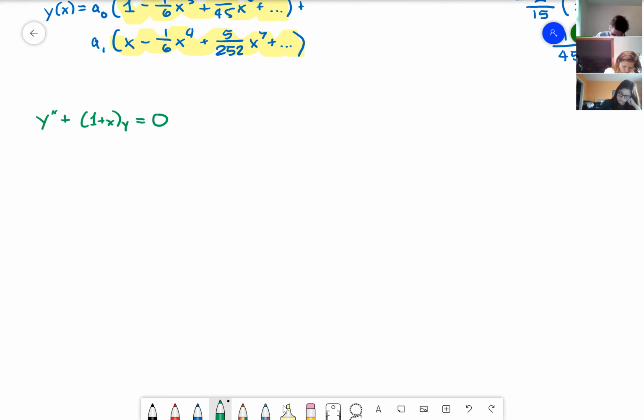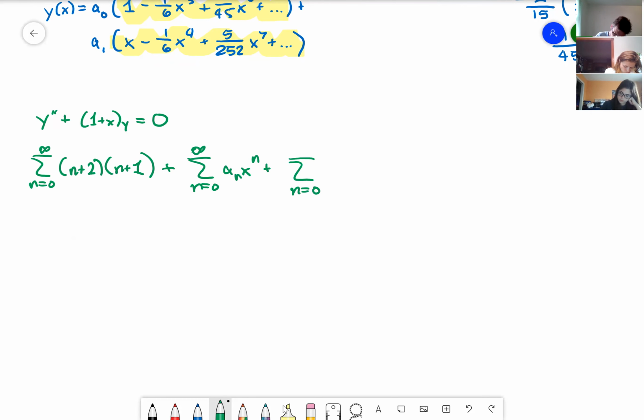So I'm going to jump straight into it. The sum from n equals 0 to infinity, n plus 2 times n plus 1, a n plus 2 x to the n, plus the sum from n equals 0 to infinity, a n x to the n. So that's the 1 times y. And then the x times y is going to be, I'm not going to do this one in my head. So that's what we get. Now I'm going to have to shift this one.